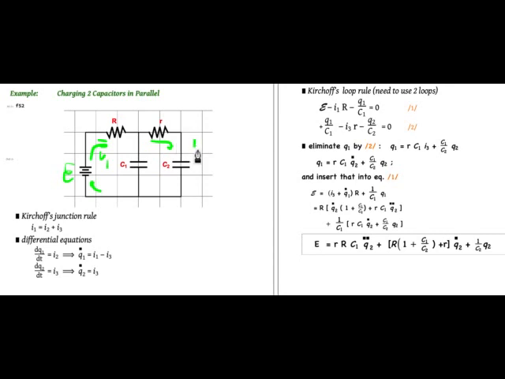So here there'll be a current I2. No, I'll call that one I3. So here's I1, here's I3, and there'll be another current here, which I'll call I2.